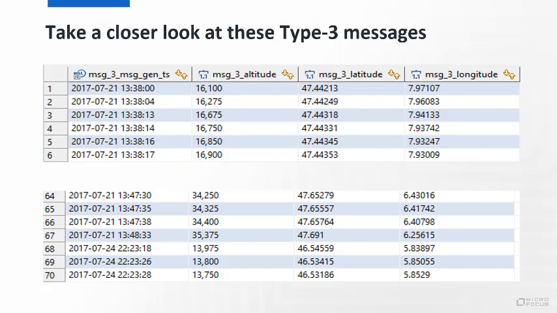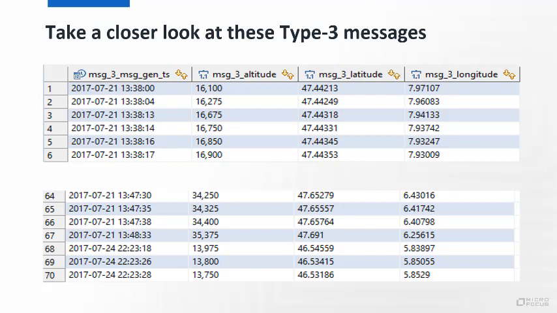These messages appeared sometimes every second, sometimes several seconds apart. It also looks as though this aircraft is climbing as the altitude is increasing, starting at 16,100 feet when it was first observed through to 35,375 feet when it disappeared off the face of the Earth. But seriously, that was the point it presumably went out of range of the radio receiver.